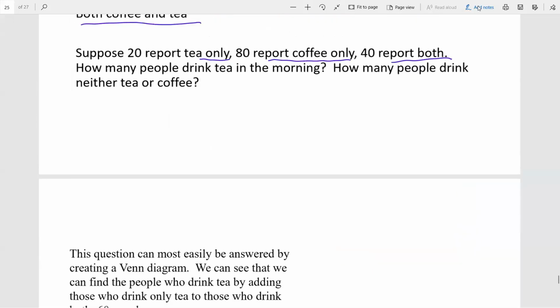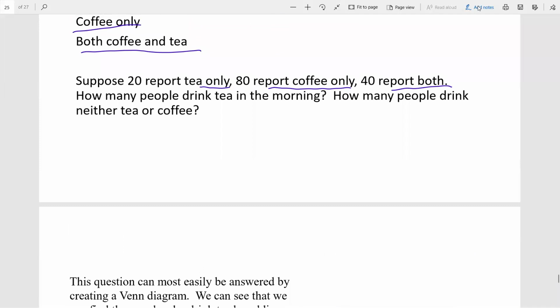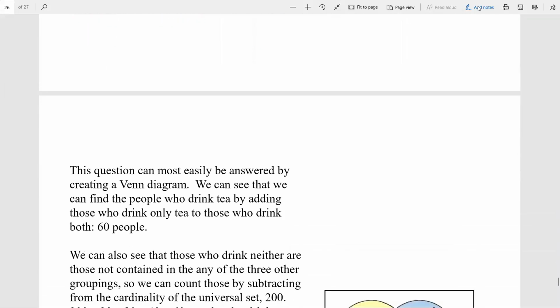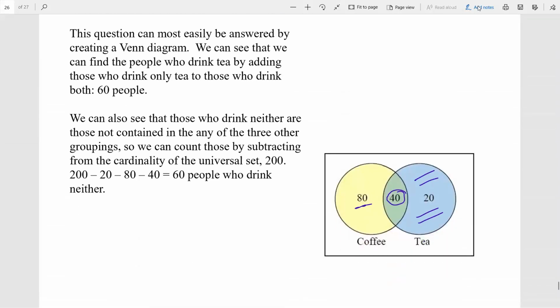Now, we were asked how many people drank neither tea or coffee. Well, since there are 200 in the universal set, and we got 140 total here, there must be 60 that drank neither.